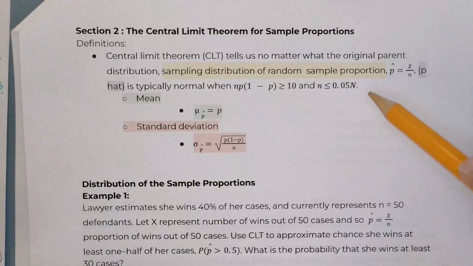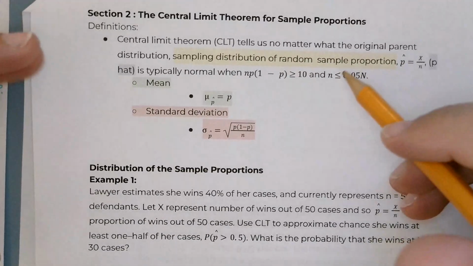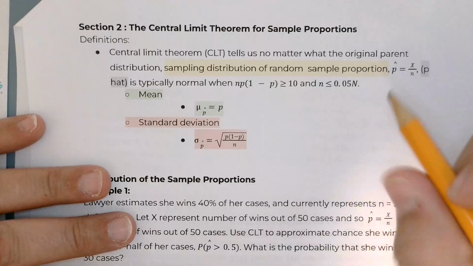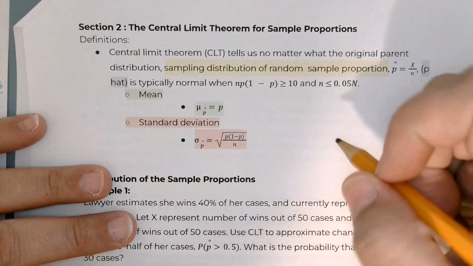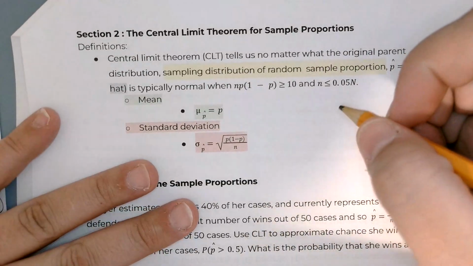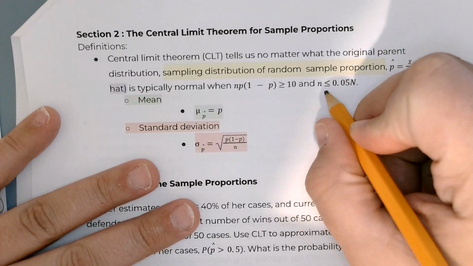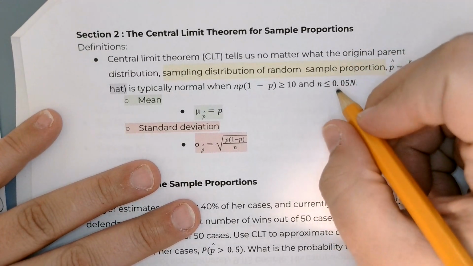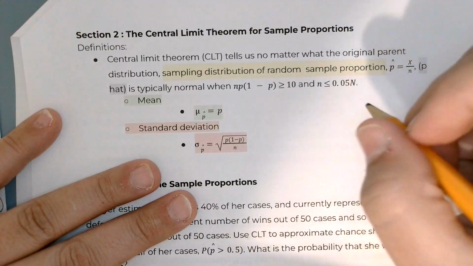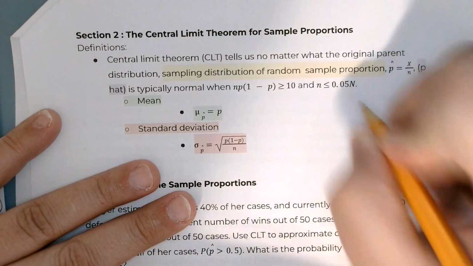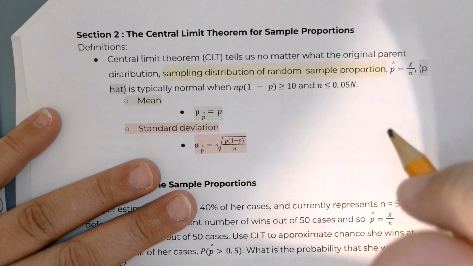Okay, now let's take a look at the central limit theorem with proportions. With proportions, you can say that they are approximately normal, but they have to pass some assumptions. So there are two assumptions here. The n is less than or equal to 5%, so no more than 5% of the population. This is going to ensure that we are independent.